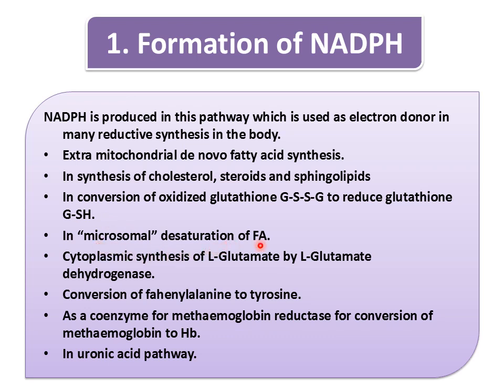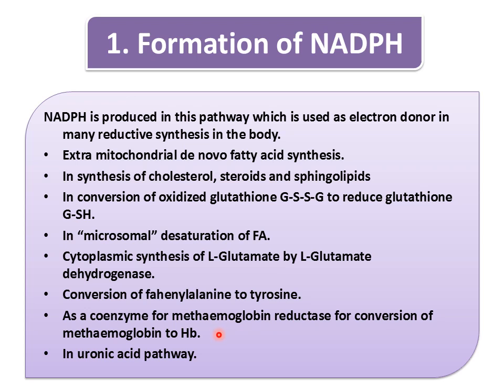Then in microsomal desaturation of fatty acids, in synthesis of L-glutamate dehydrogenase enzyme. It is also important in the conversion of phenylalanine to tyrosine. Then as a coenzyme for methemoglobin reductase for conversion of methemoglobin to hemoglobin.